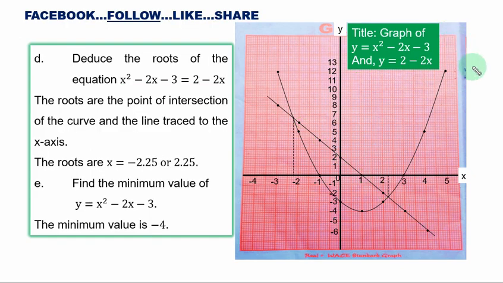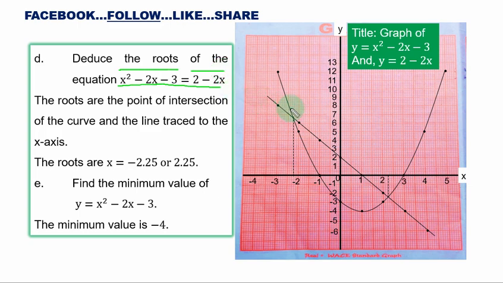At this point, the points from the linear graph have been joined together. Hence, you are asked to find the roots of this equation. If you observe very well, this is the curve and this is the straight line, the quadratic and the linear function. The roots are the points of intersection.